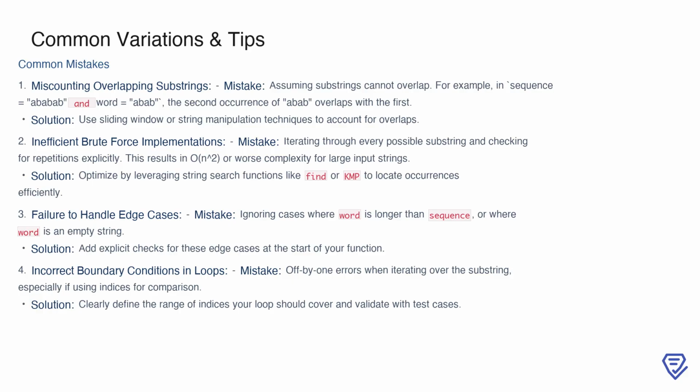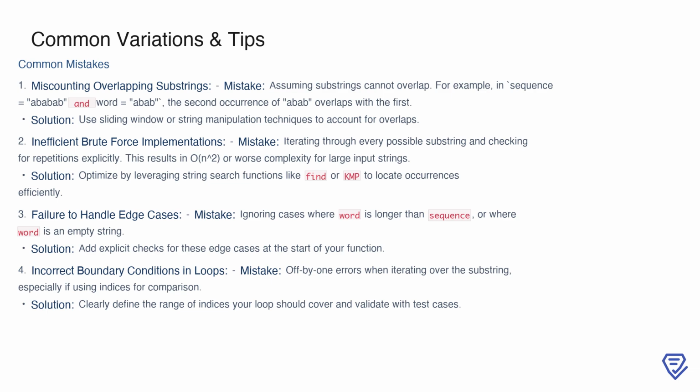Another common pitfall is relying on inefficient brute force implementations, where you iterate through every possible substring and check for repetitions one by one. This approach can lead to O(n²), or worse time complexity for large inputs. Instead, you should optimize using efficient string search algorithms like find or the Knuth-Morris-Pratt (KMP) algorithm.